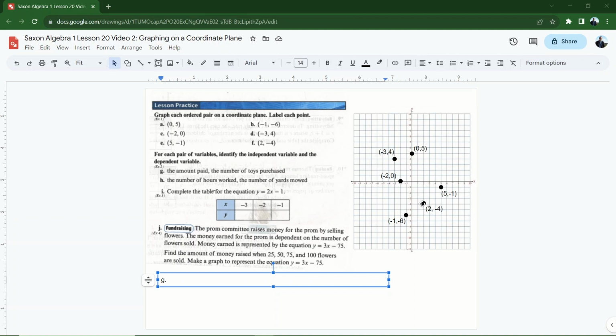All right, next, for each pair of variables, identify the independent variable and dependent variable. Let's do that together. So for letter G, the amount paid and the number of toys purchased. Well, I'm in control of the amount that I spend. So the amount paid is the independent variable. And then the number of toys that I get for my money depends on their price. So the number of toys purchased would be my dependent variable.